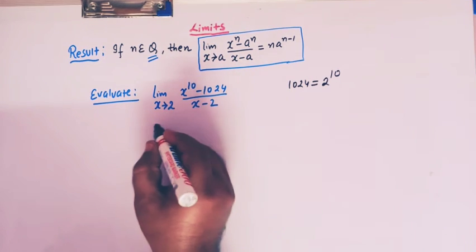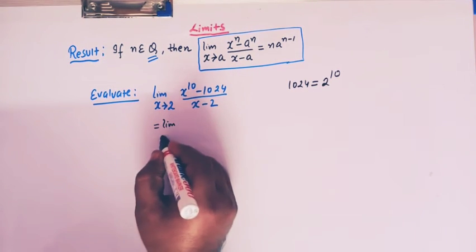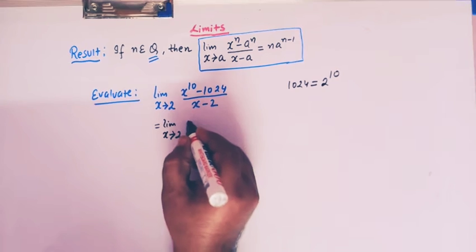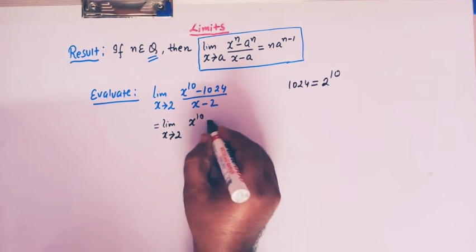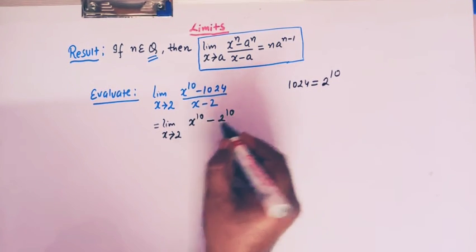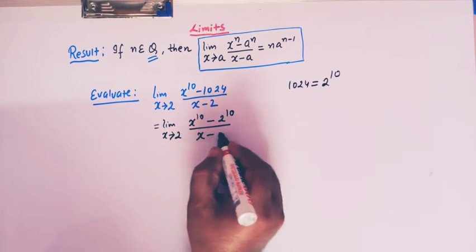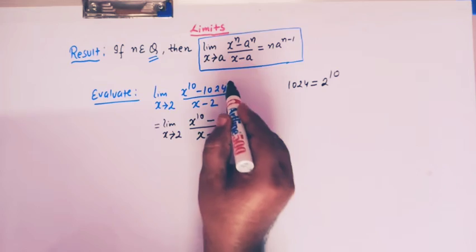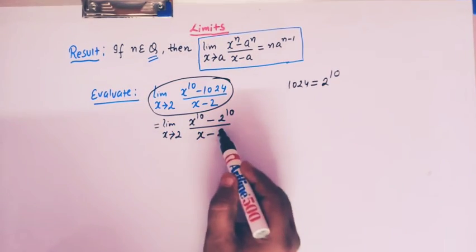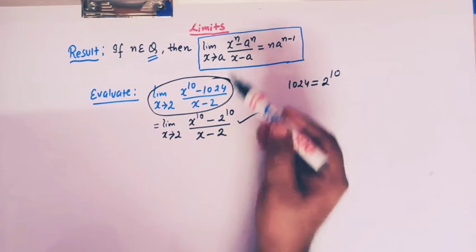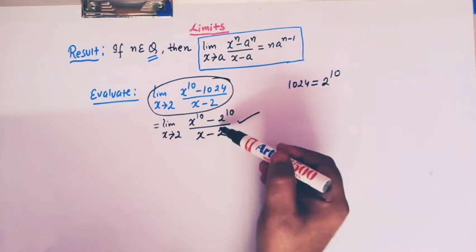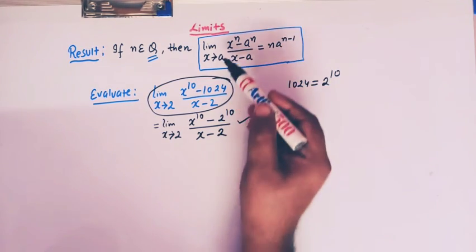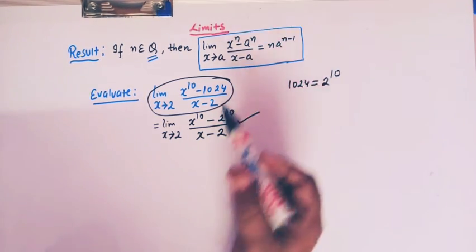Now this expression can be written as the limit as x tends to 2 of (x raised to 10 minus 2 raised to 10) divided by (x minus 2). Once we have expressed this limit in this form, we can compare these two expressions.